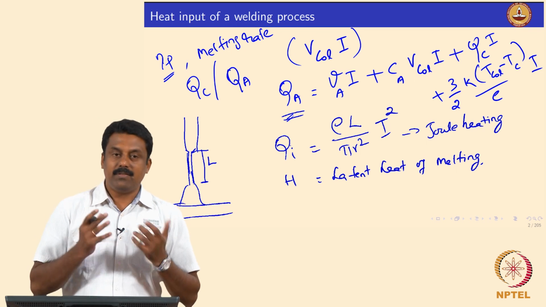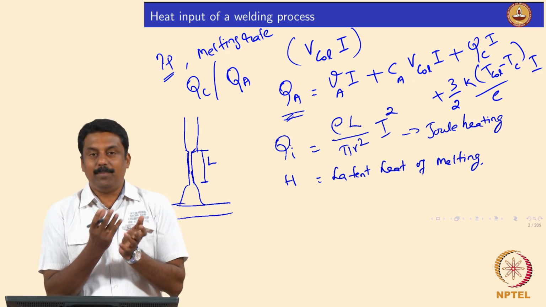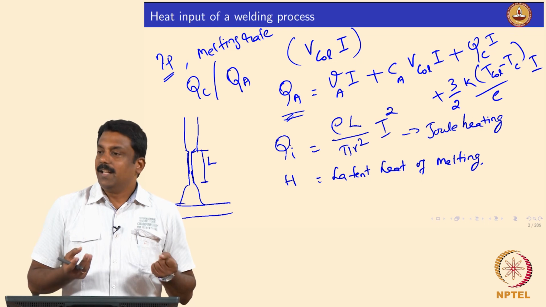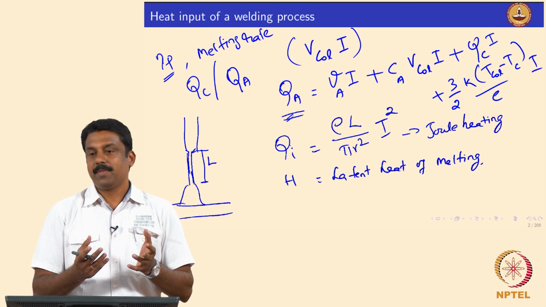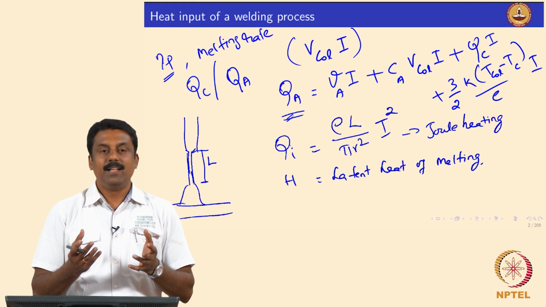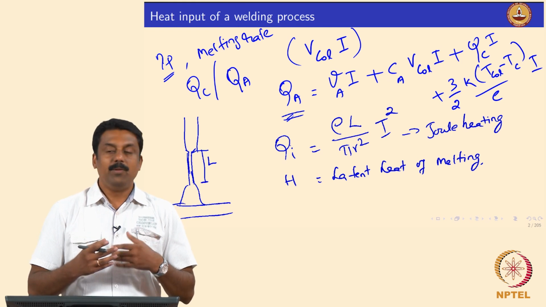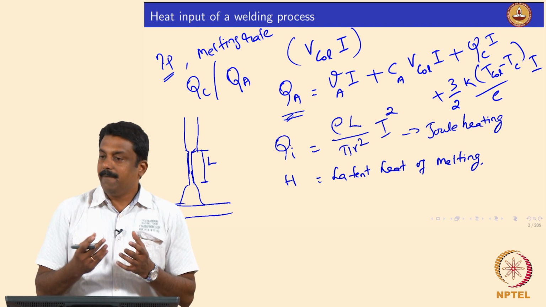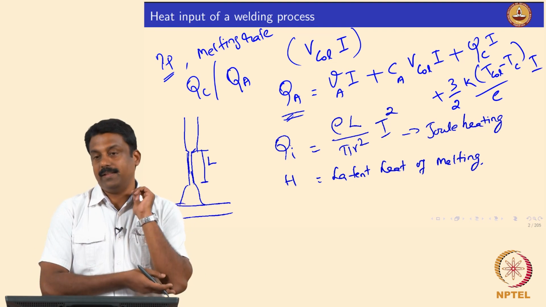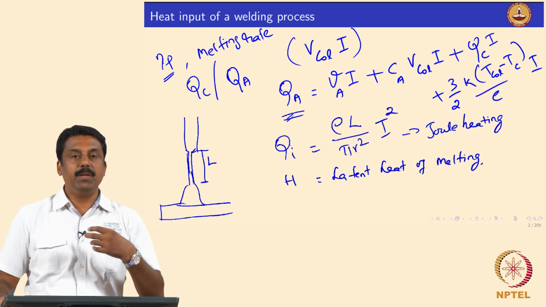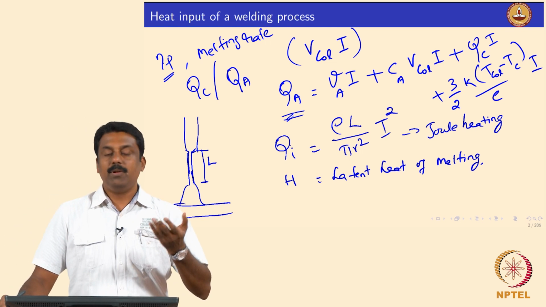So what will be the temperature of the droplet? Because if it is just exactly the melting point, the surface tension will be very high, isn't it? And if there is an instability, the droplet cannot be detached, and it can also solidify, isn't it? So the droplet should be superheated, then only it can detach.